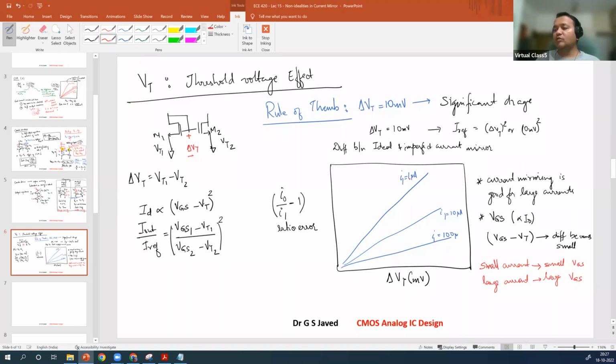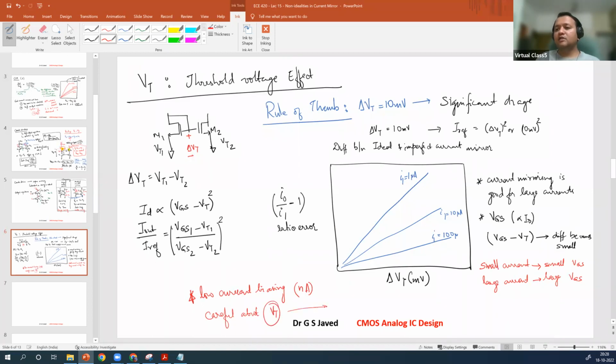But if there is a very small current, a small change in delta VT also will change the current. So here we have to be careful whenever we are doing low current biasing. Right? When you are using low current biasing in the ranges of nanoampere, you have to be careful about VT.